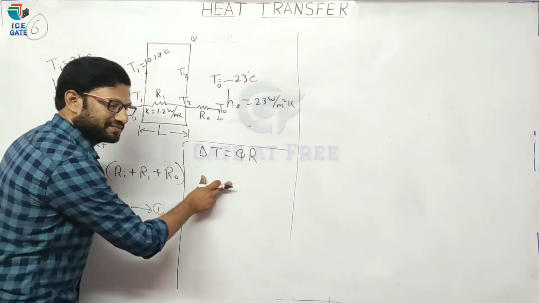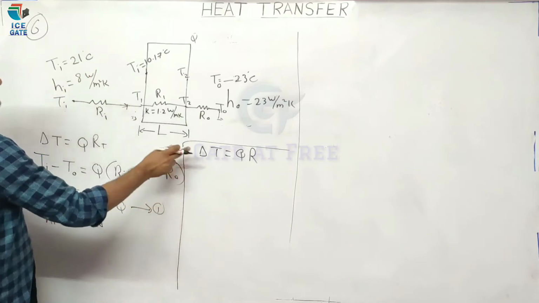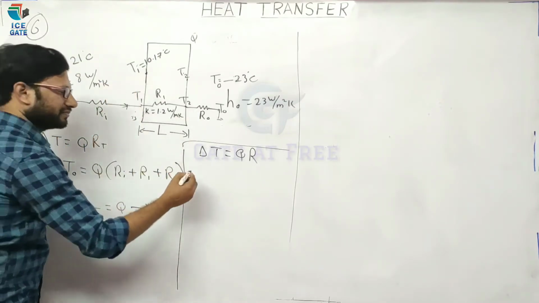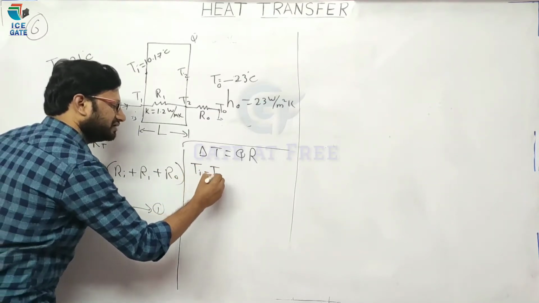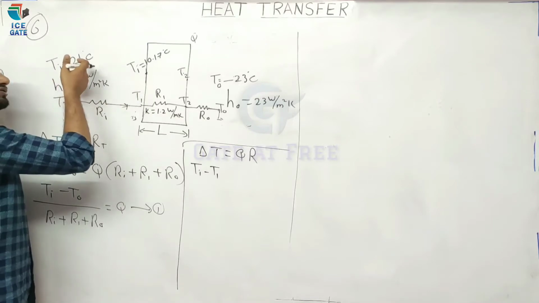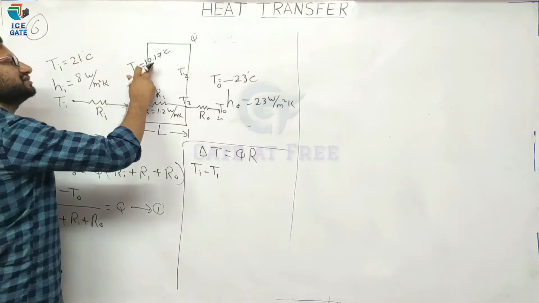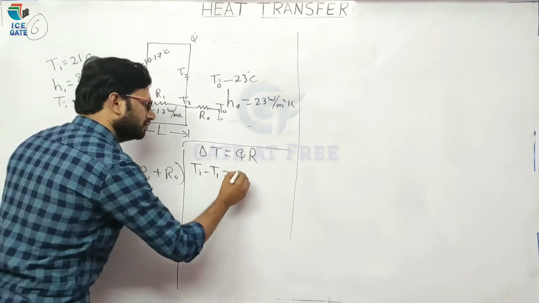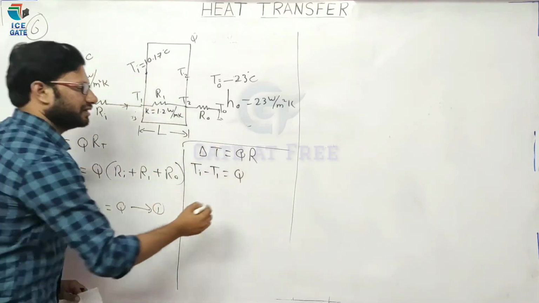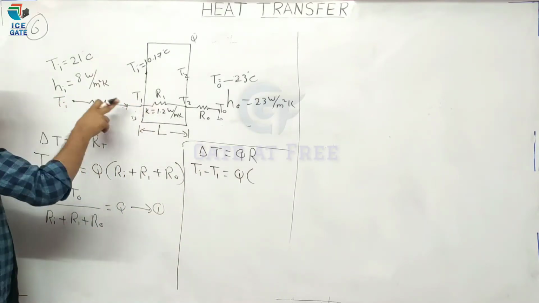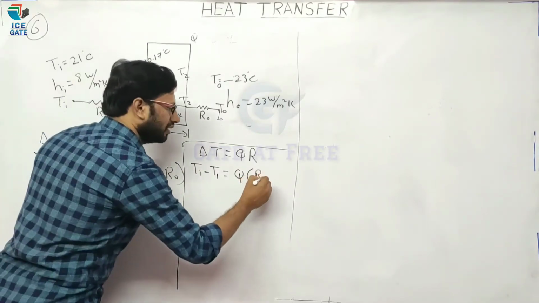In this case, take delta T as Ti minus T1. Why am I taking Ti minus T1? Because we know Ti as 21 degrees centigrade and T1 as 10.17. Known values equal Q into, now what is the resistance in between Ti and T1? Only Ri.